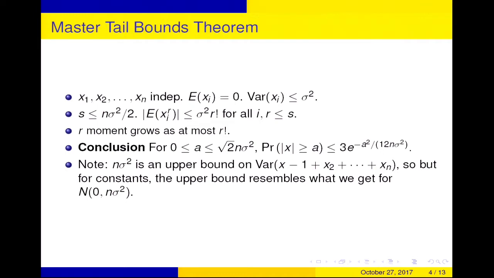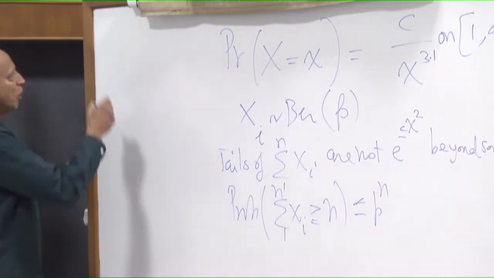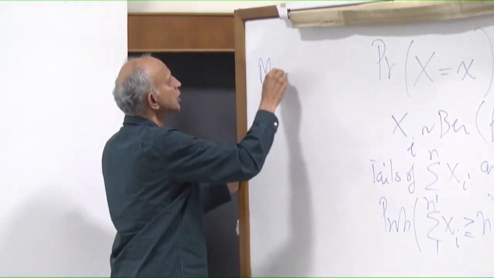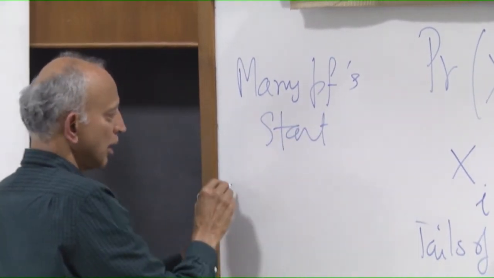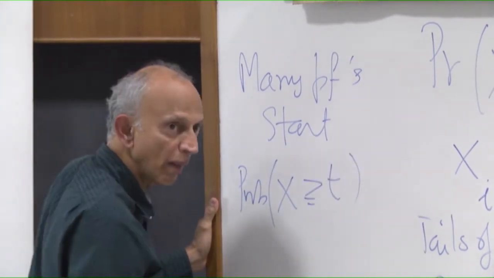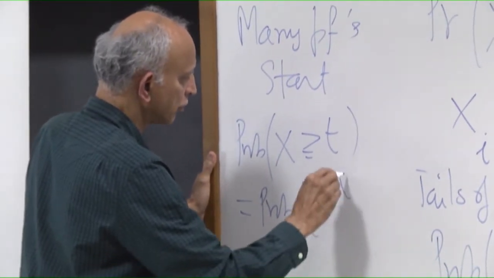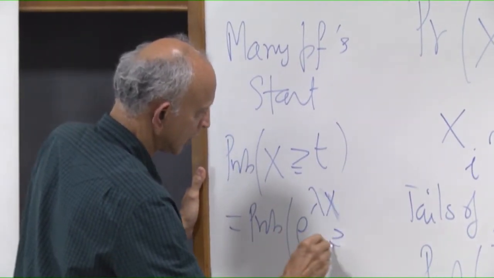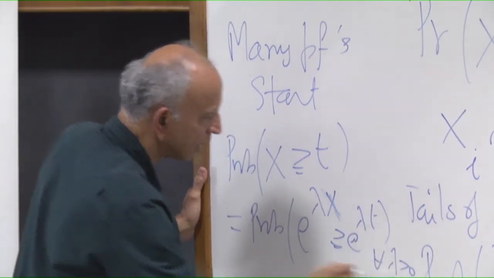Okay. This I have to write on the board because I didn't write that. So, intuition about the r factorial. Many proofs of tail bounds start by saying the probability that the random variable x is greater than or equal to t equals the probability that e to the lambda x is greater than or equal to e to the lambda t, for all positive lambda.